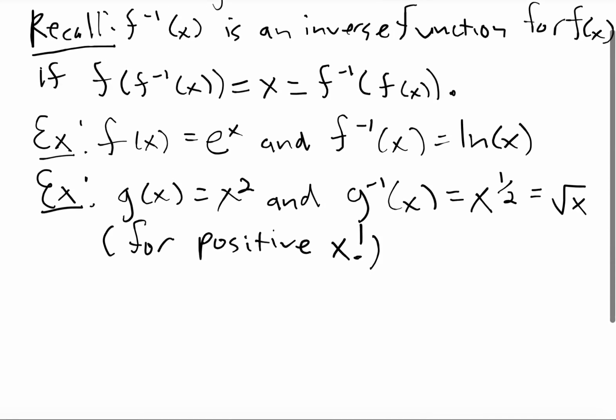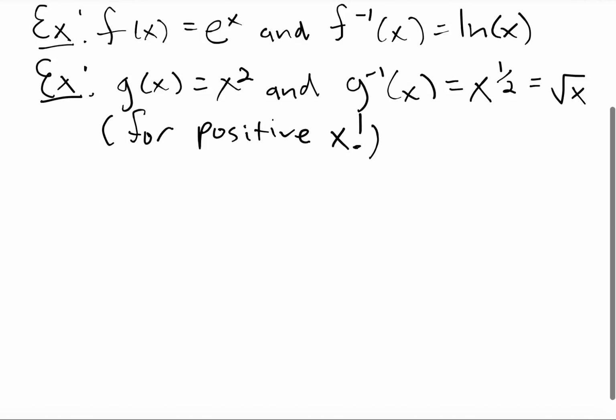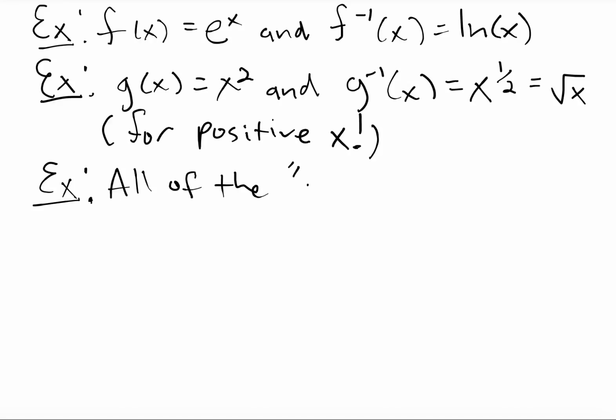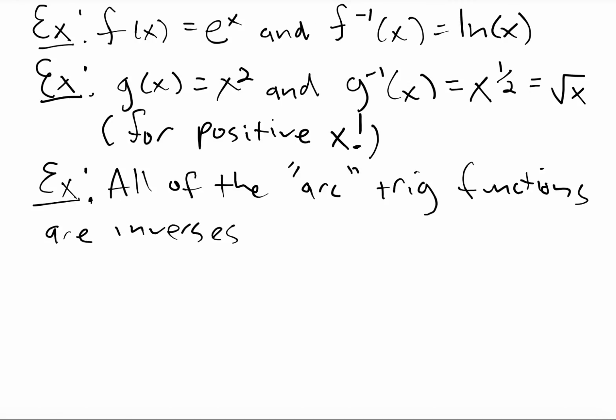So as a comment, those are some general inverse functions. What about the ones that we're looking at today? The examples that we're focusing on today are going to be all of the arc trig functions. These are inverses, on appropriate domains, to the corresponding trig functions.